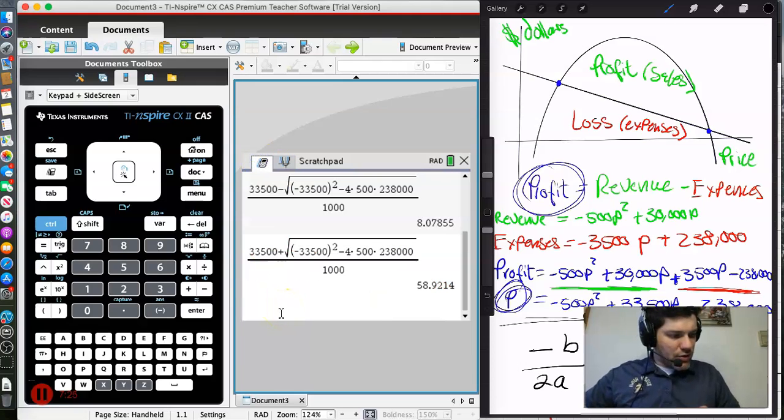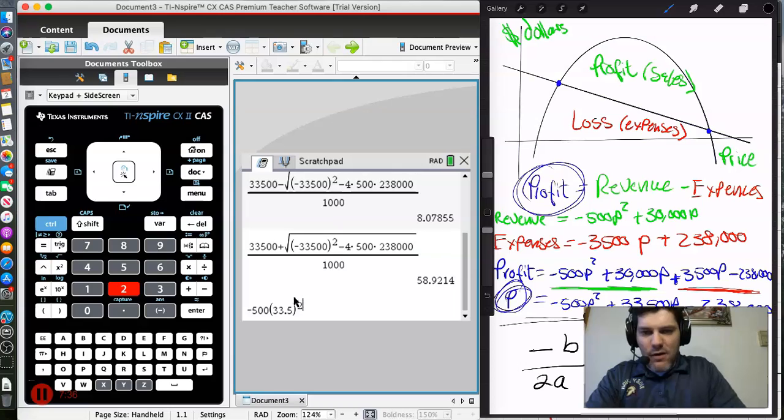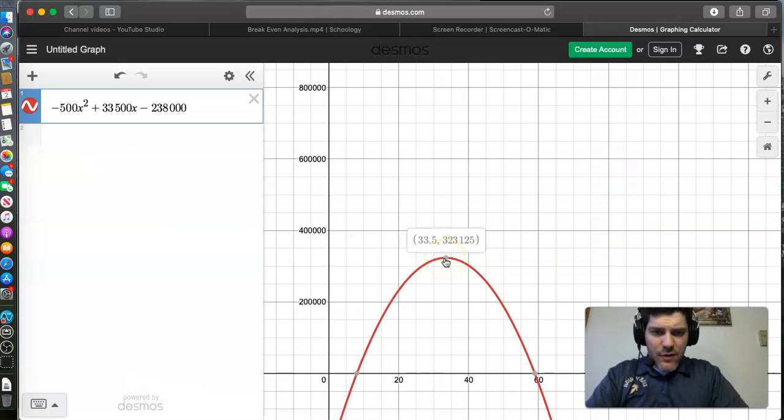So we're going to take our original equation, and what I'm going to do is negative 500, and put a parenthesis for x, and we said 33.5 to the power of 2 plus 33,500 times 33.5 minus 238,000, and solve, and compare to this 323,125.